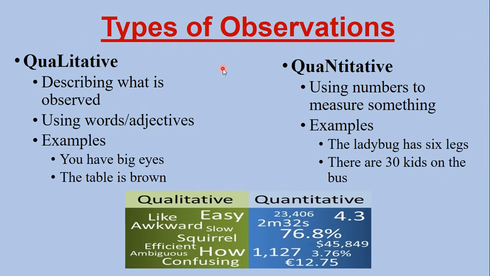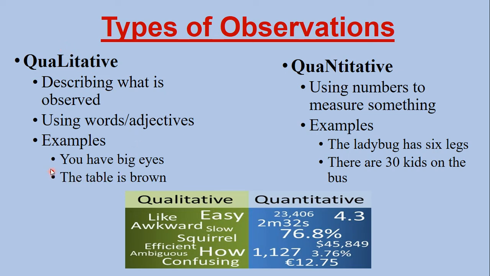All right, so let's talk about either one. We have qualitative, and I have the L capitalized, and I have quantitative, I have the N capitalized. That's for a reason. It's how I remember these two terms. Qualitative, with the L, is observations you describe using your words and your adjectives. So I have the L there because you use your language skills.